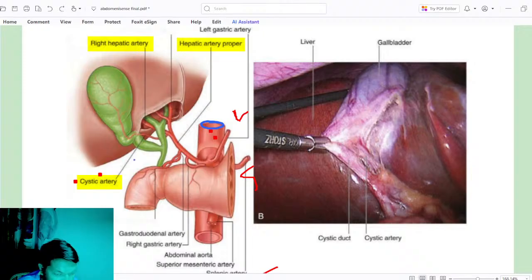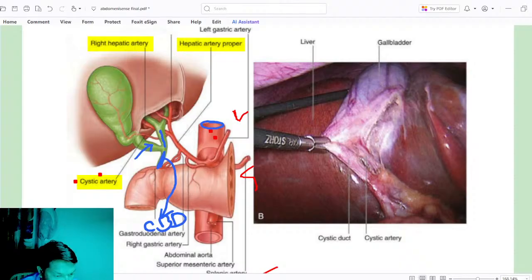So this is cystic duct, common hepatic duct. When joining together, this is CBD, common bile duct. Again, this is cystic duct.